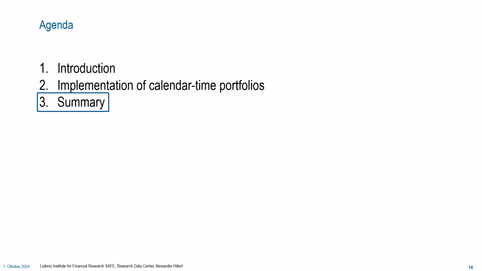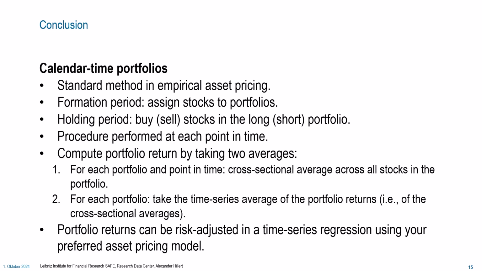With that, I'm done explaining how calendar time portfolios work. Let me briefly summarize the most important points that we talked about. Calendar time portfolios are one of the standard methods in empirical asset pricing. The other method is Fama-MacBeth regressions. The calendar time portfolios come with two time periods.